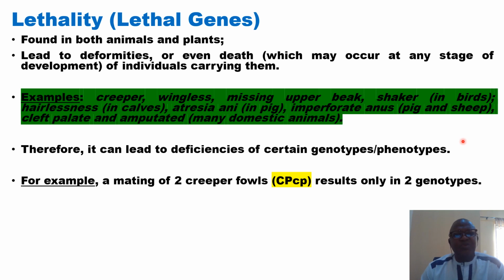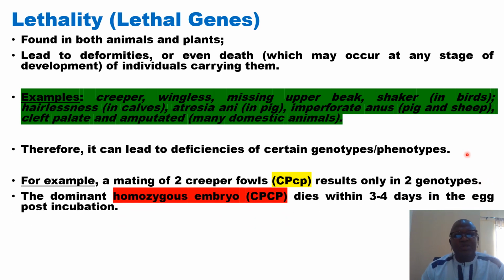We'll take an example from a mating of two creeper fowls. When two fowls carrying the creeper genes are mated, it only results in two genotypes. Why? The reason is that the dominant homozygote embryo carrying this genotype usually dies off within 3 to 4 days in the egg post-incubation.